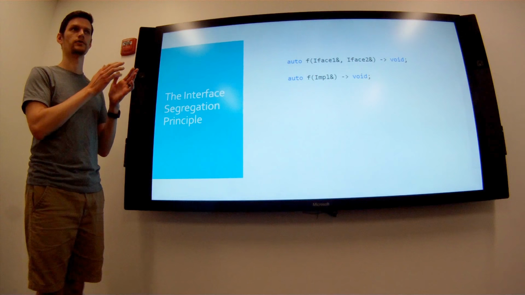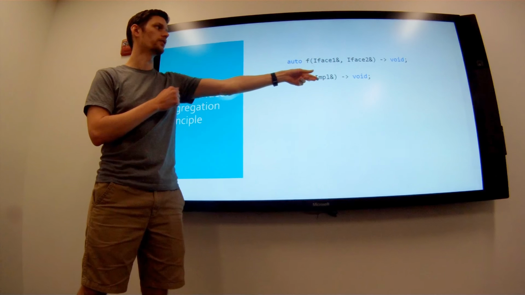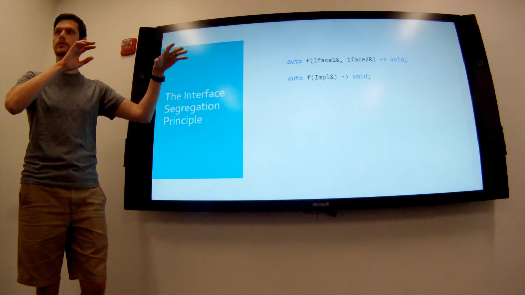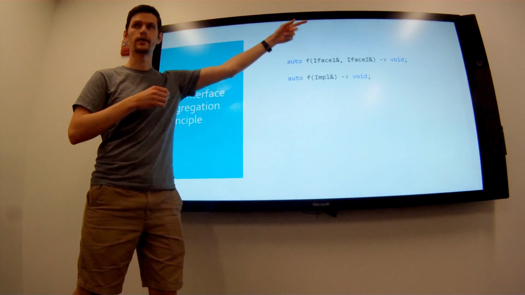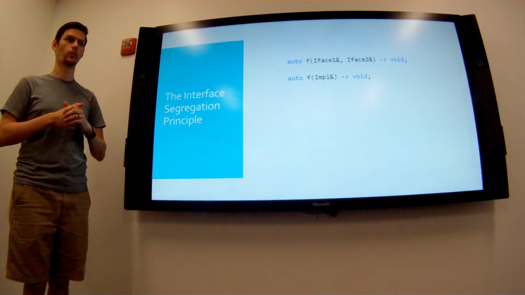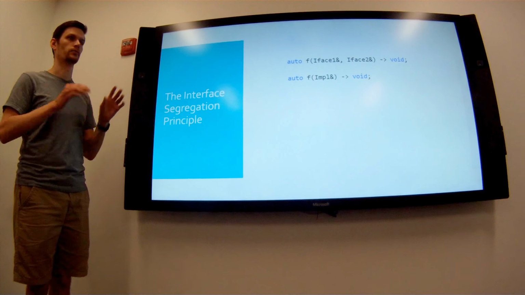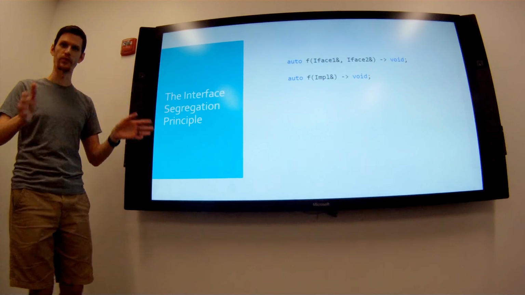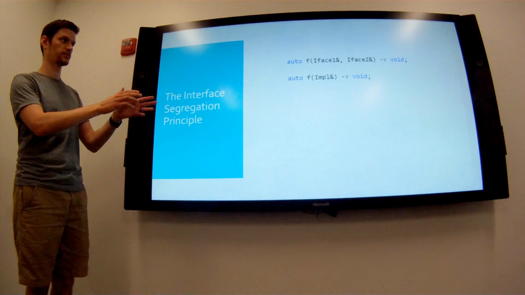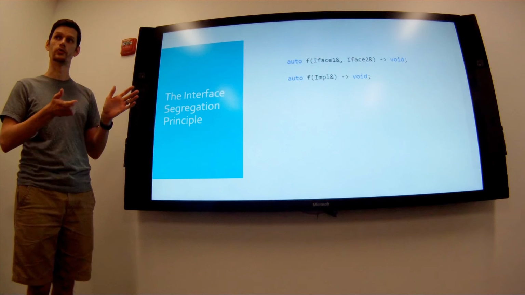So if it just so happens that impl does implement these two and you need them together, it would be better off to make an iFace3 that takes 1 and 2, and now impl can implement that iFace3, but that way you don't force the concrete implementation if you don't need it. Again, preference. So it's not always the case, but you want to prefer depending on abstract types when you can. So that would be one thing that you could do.